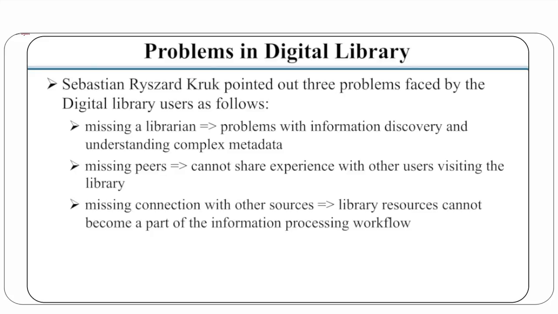Missing a connection with other sources: library resources cannot become a part of the information processing workflow. A semantic digital library provides the options to make the digital libraries more useful in today's interlinked web by making the unstructured data machine readable.